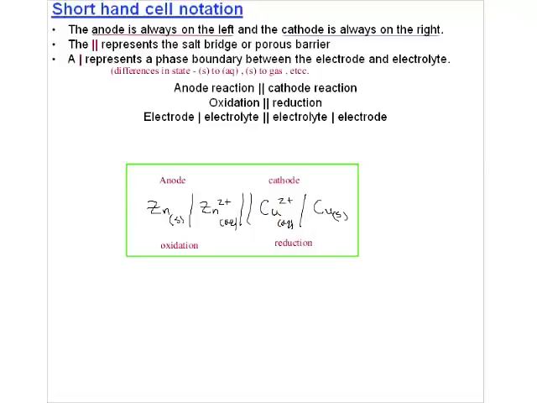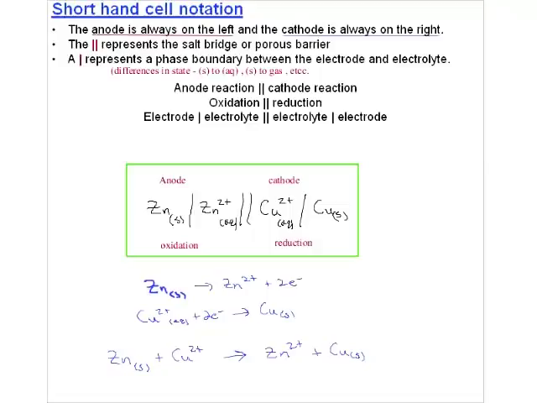If we wanted to write the overall equation, we have to watch out here because after all, the actual reaction, if I write the half reactions, is going to look something like this. It's going to be zinc solid going to zinc ions and 2 electrons, whereas with the copper, it's going to be copper ions gaining 2 electrons to produce copper metal.